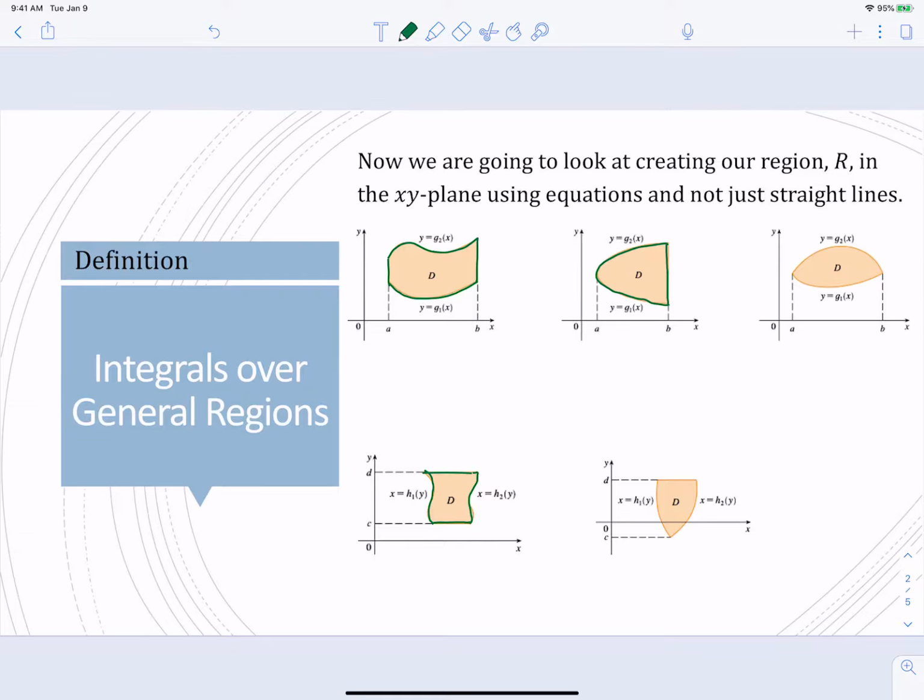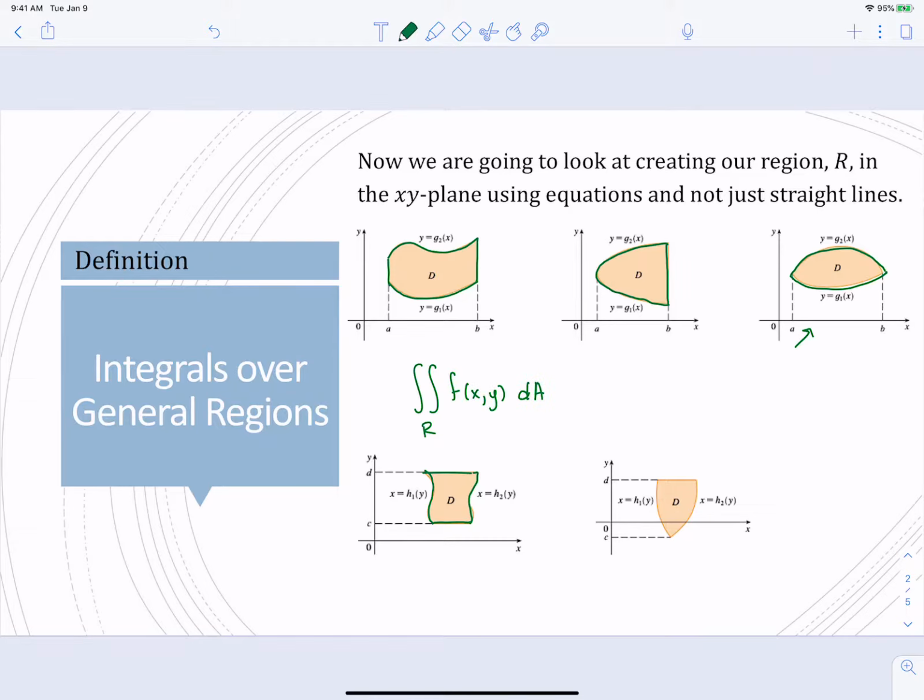We could also look at a region that is bounded by two functions, like we've got over here in this third picture. And we might have to find points of intersection. So that might be a thing that we have to do with these. But really, basically, the idea here is we're going to have this region, and it's going to be some function f of x, y.